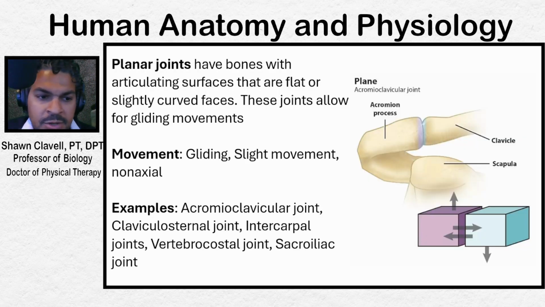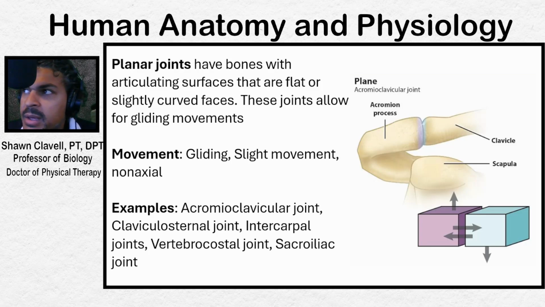A planar joint, or a plane joint, sometimes referred to as a gliding joint, is when the bones are flat, or maybe even just slightly curved, and approximately the same size. It allows them to kind of move against each other. The motion at this joint is usually small, and it's tightly constrained by the surrounding ligaments.